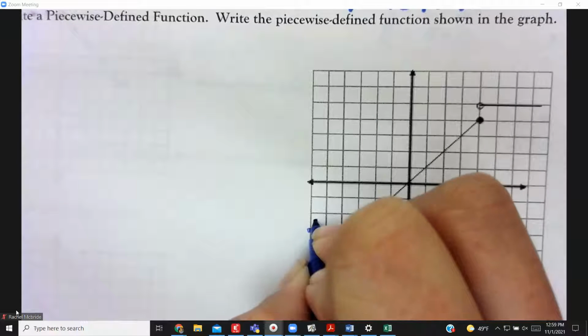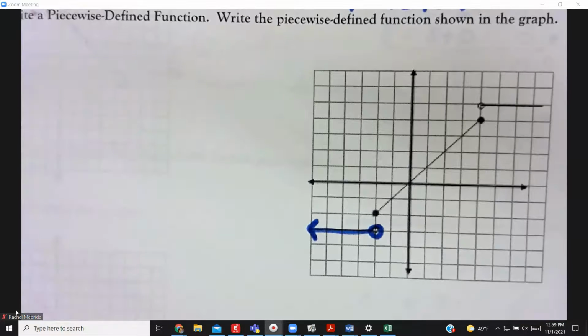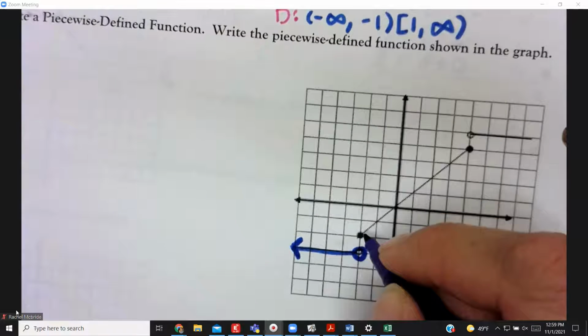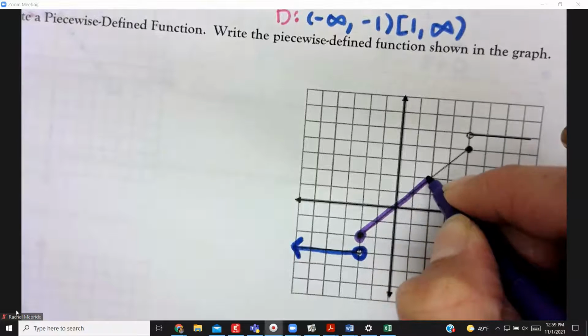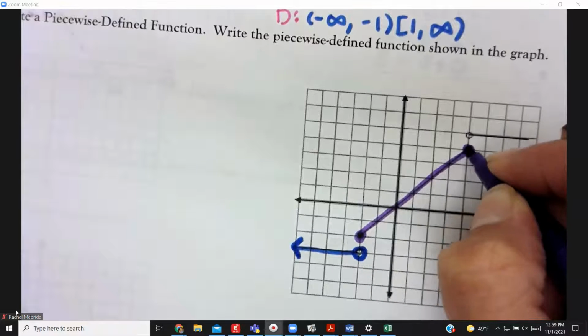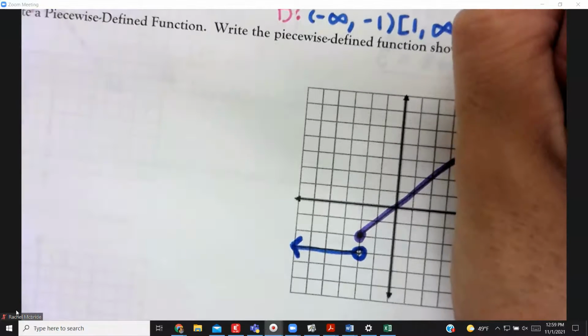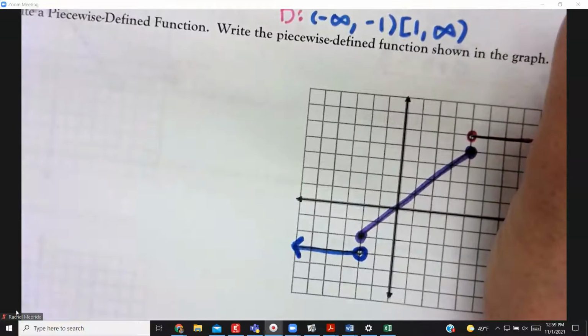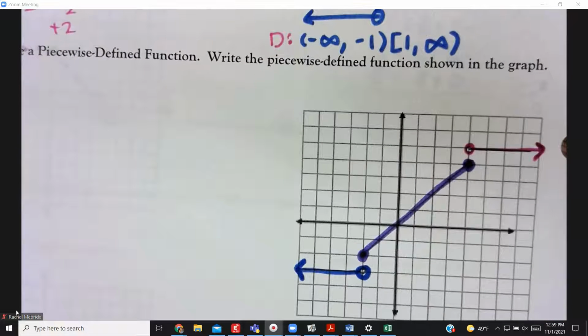It's a solid line segment going to infinity. In the middle, we have a closed point and a line to a second closed point. And then it ends with an open circle line segment to infinity. So this piecewise function has 3 parts.